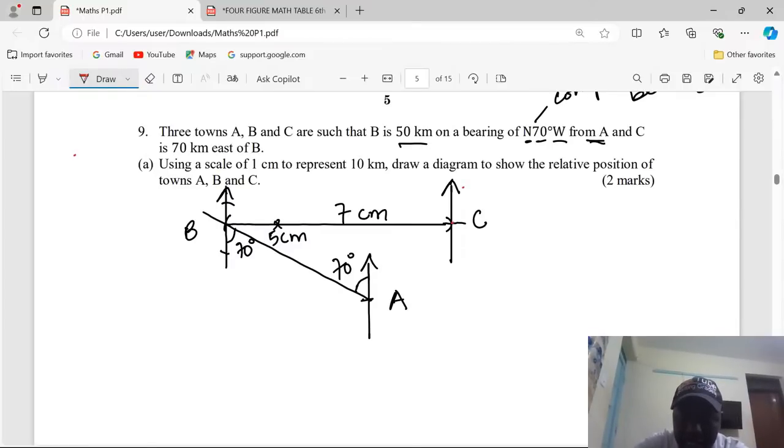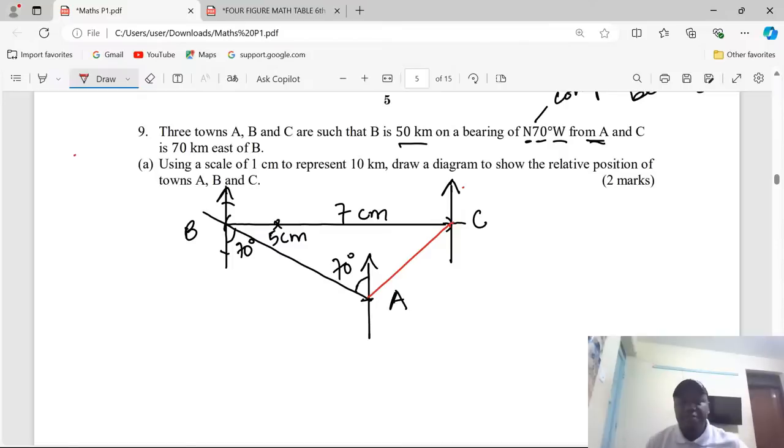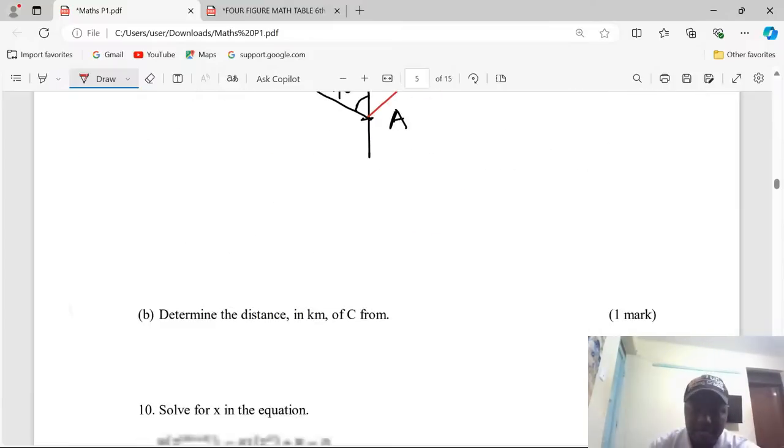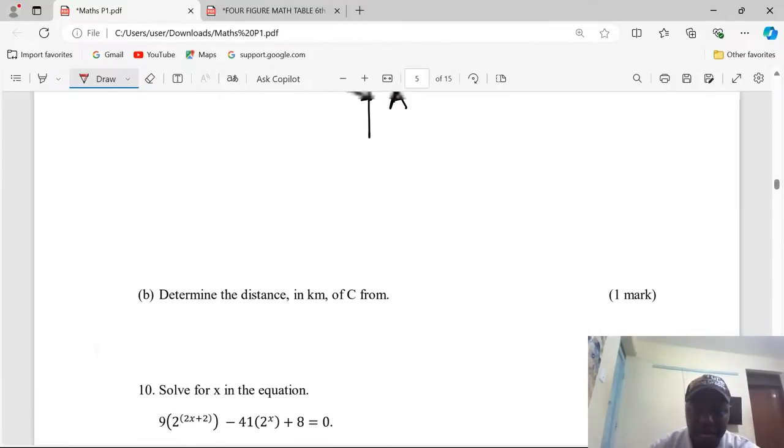Those are now the relative positions for these places. You can measure angles now. You can measure distances. You have the scale diagram. So this is a good sketch to help you, so that whenever you are drawing the scale diagram, at least you will have somewhere to begin from.